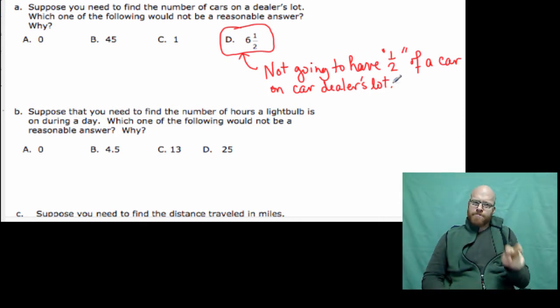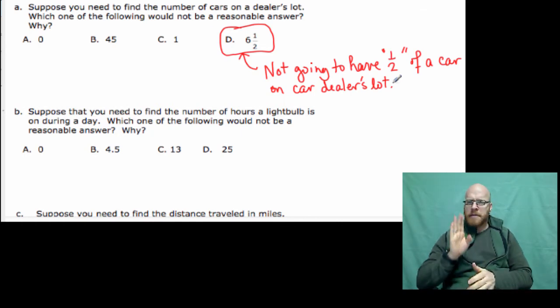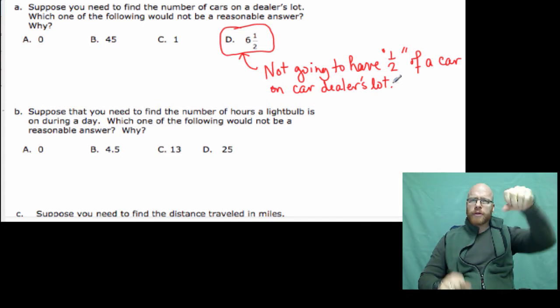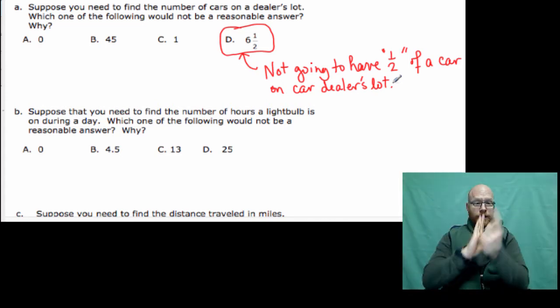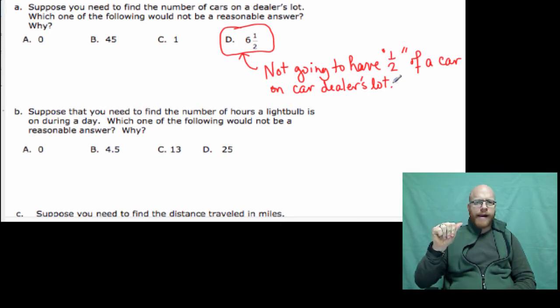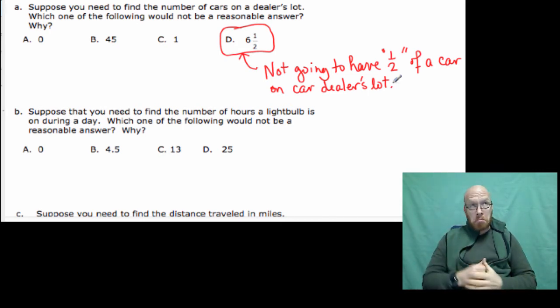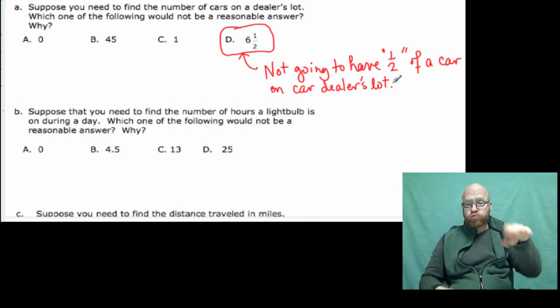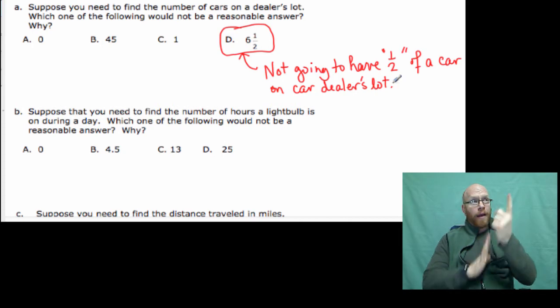As I look at it, let's look at B, 4.5 hours. Oh, that's possible. C, 13 hours in a day. Yep, that's possible. A or D. Now, 0. Could you have 0 hours? Maybe a room has been left dark for a day or a week.